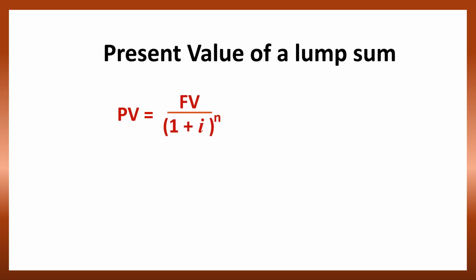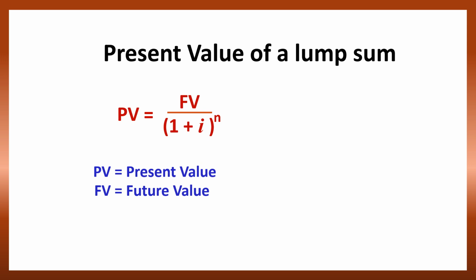Now, let us check out the formula to find the present value of a lump sum. The present value PV is equal to FV divided by (1 plus I) the whole raised to N. And in this formula, PV is the present value, FV is the future value, I is the interest rate, and N is the number of periods.